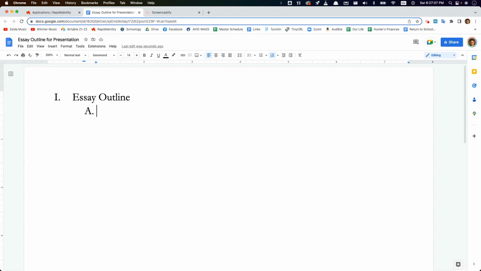The A is going to be my hook. For my hook for responding to that prompt, I think I would go with the idea from the Marvel comics, I'll say Marvel's Spider-Man. In the Spider-Man universe, I'll say the Spider-Man universe is widely recognized as the source of this quote: "With great power comes great responsibility."